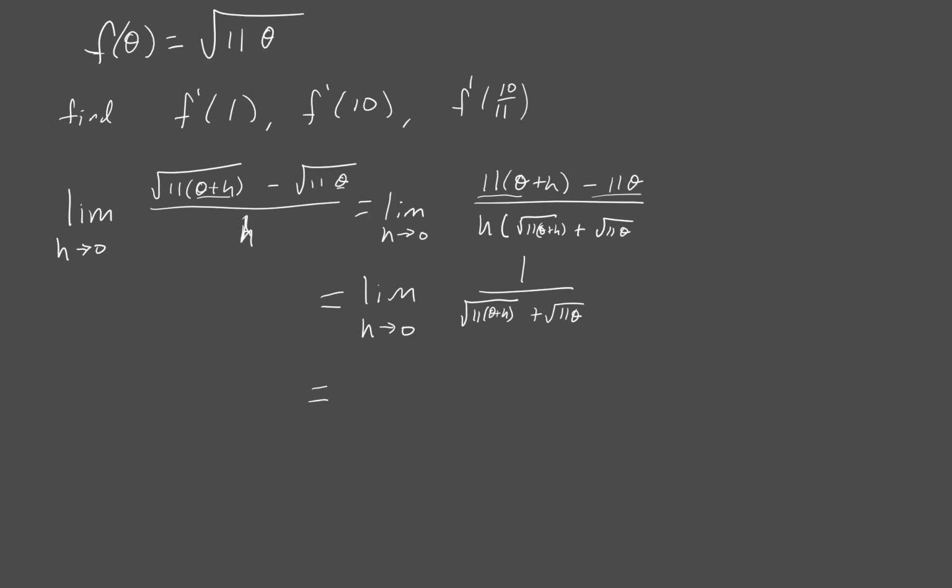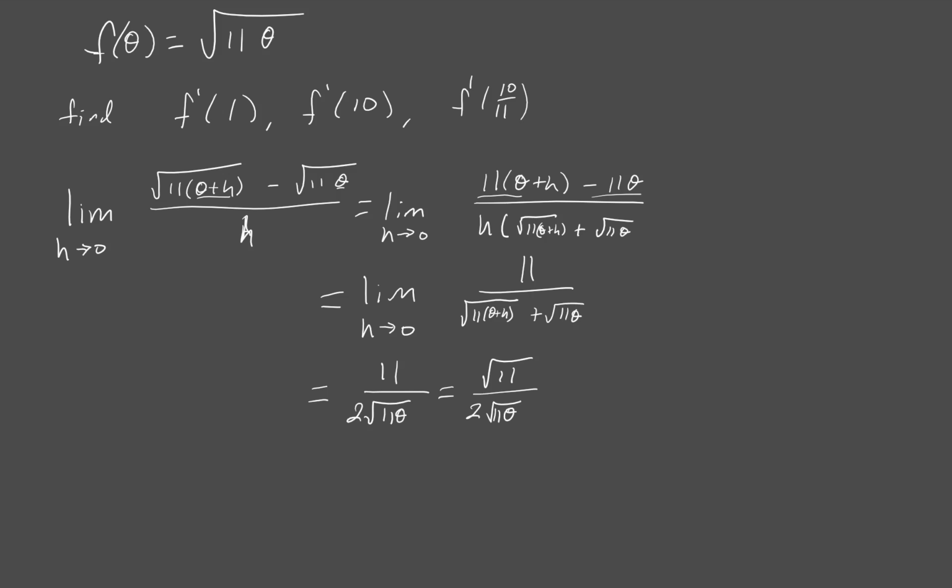which is, oh, sorry, I have an 11 on top. There we go. If I plug in h equals 0, nothing bad happens, so I can just plug it in. There's no division by 0 or anything we have to worry about. So this is going to be 11, and then I'm going to have 2 square roots of 11 theta on the denominator.